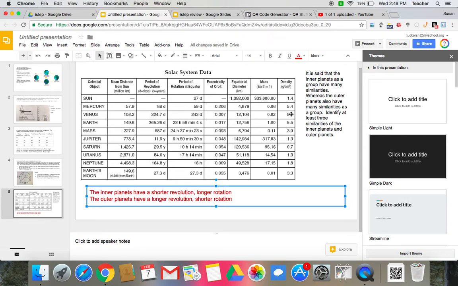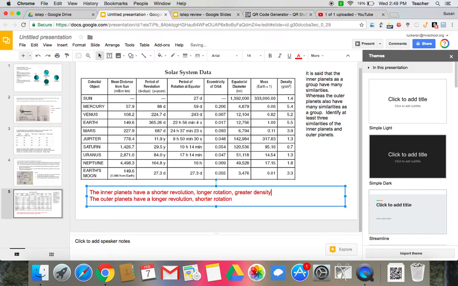And density means how tightly packed is the matter that would make up that planet. So when I'm looking at Mercury, Venus, Earth, and Mars, the numbers are 3.9 or larger. On the other hand, my outer planets are much lower numbers. So I'm going to go up here. So the inner planets have a greater density.